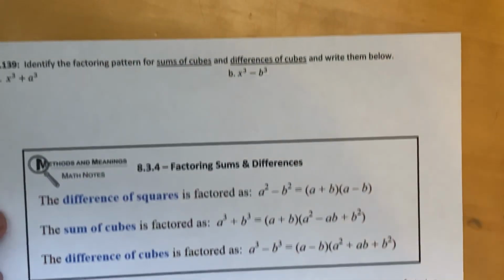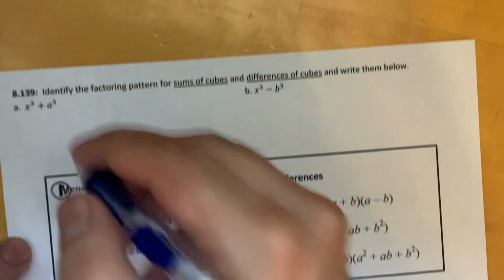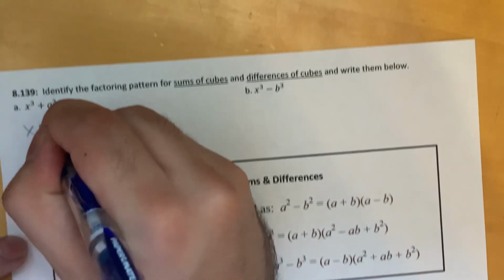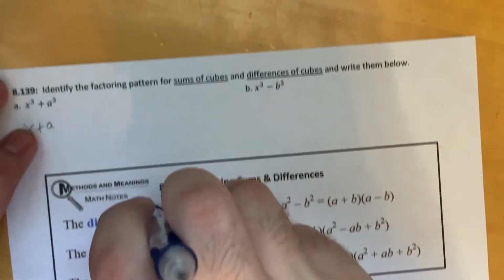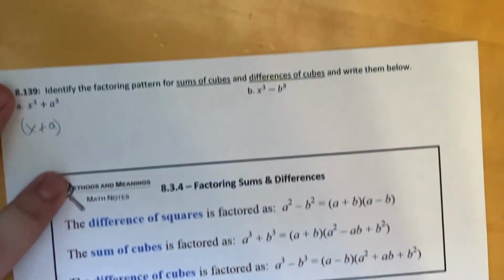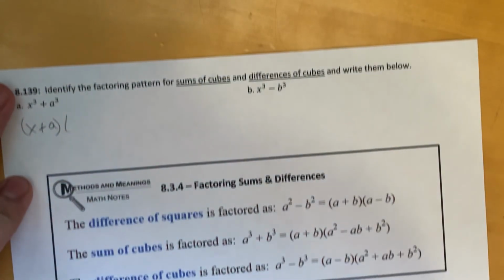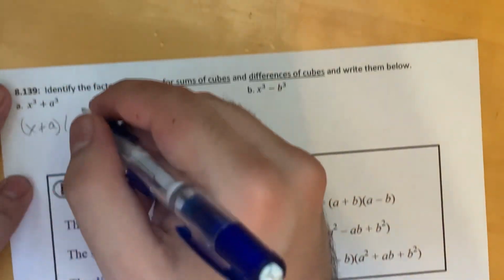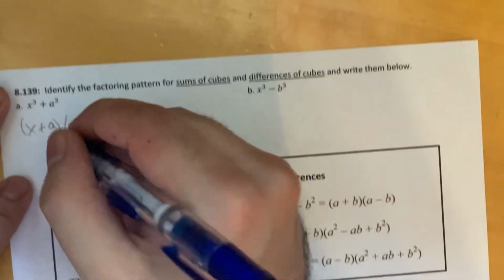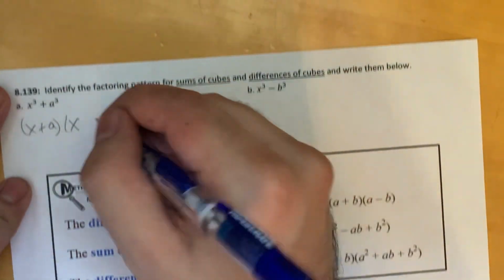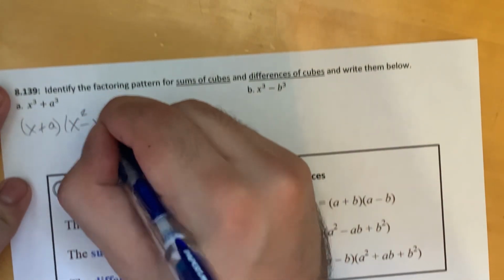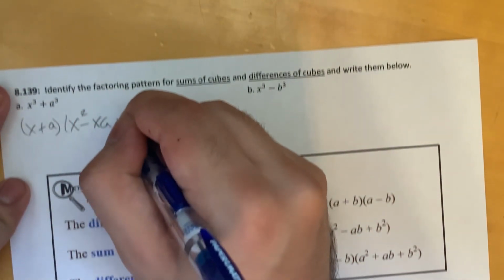So let's do x cubed plus a cubed. So we're going to do x plus a, x plus a, times, because all of them have to be positive, except that because it's all positive, we're going to need to get rid of what's in the middle, doing x squared minus xa plus a squared.